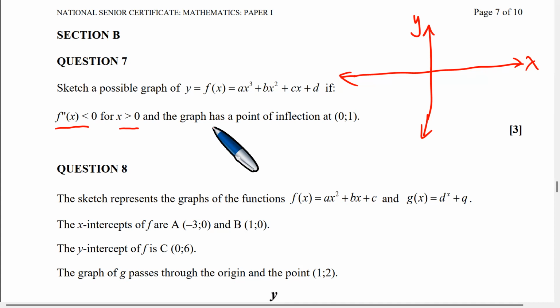So to solve the question, what do we need to do? We need to sketch a possible graph there.